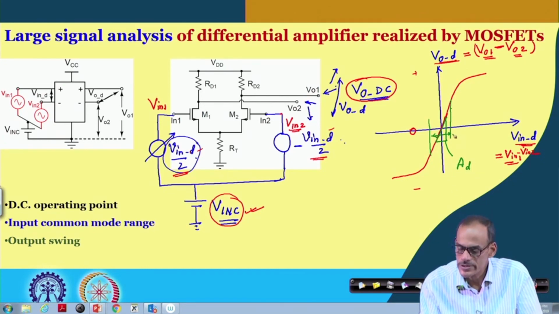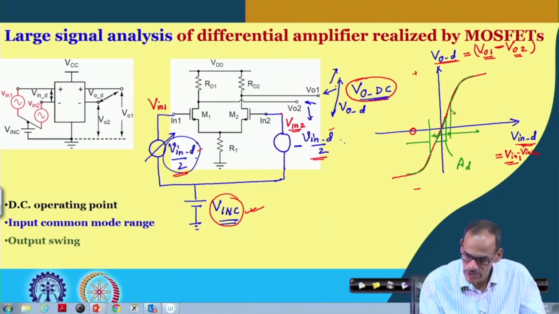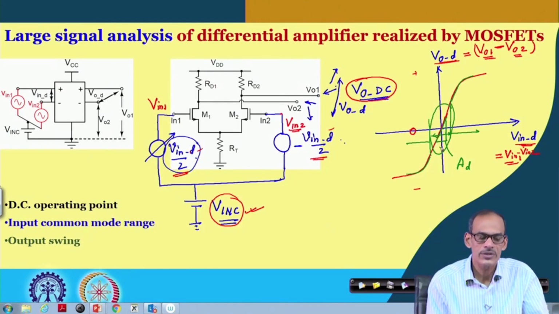As we increase this voltage beyond a certain range, it may enter into the saturated condition. So, if we restrict the operation of the differential amplifier within this linear range, it can be treated as a good amplifier having good linearity between input and output.